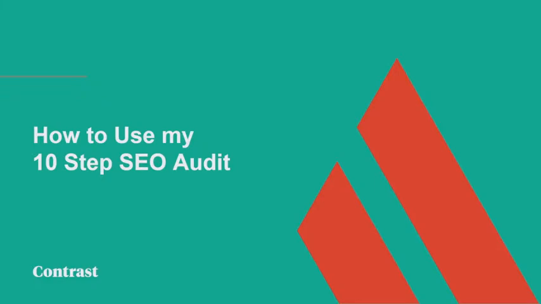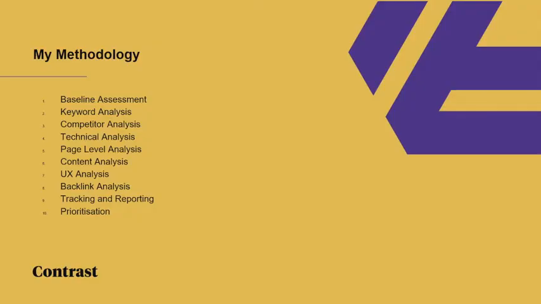I've put together 10 different steps, and we're going to go through them one by one. These steps would hopefully allow you to know what you need to do from start to end, and not leave out anything when you're performing an audit. So here are my steps. We look at the baseline assessment, keyword analysis, research, and selection. We talk about competitors. We look at the technical analysis. We look at on-page analysis.